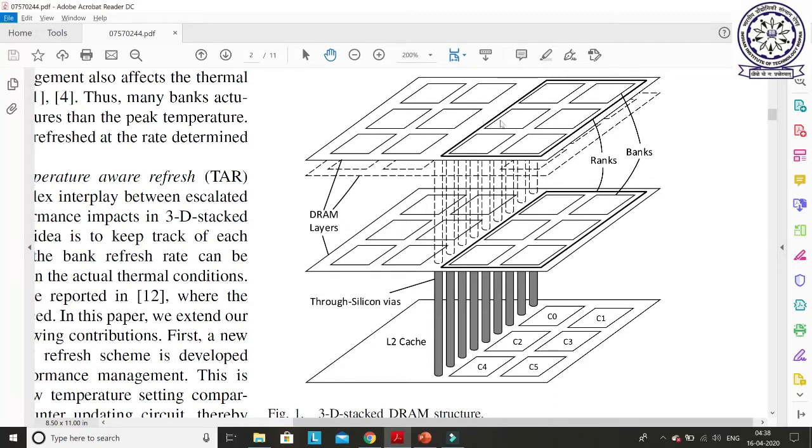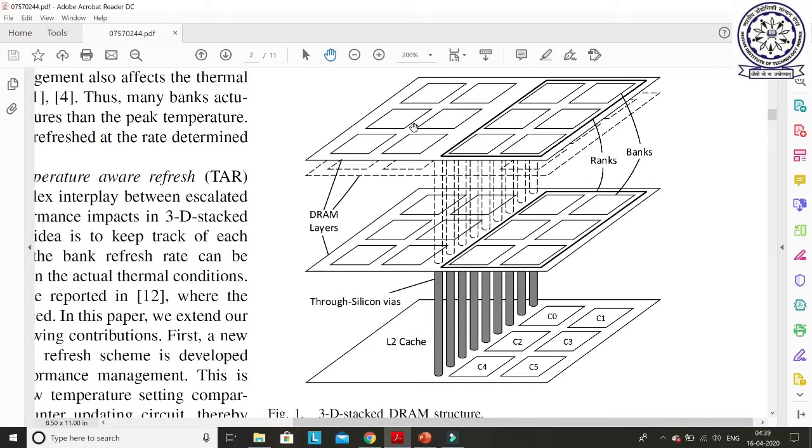This type of DRAM memory design is called 3D stack DRAM, because these DRAM memories are placed on top of an IC, or on top of a multi-core processor. So what is the advantage of 3D stack DRAM? One of the most important disadvantages of DRAM is that it is slow.